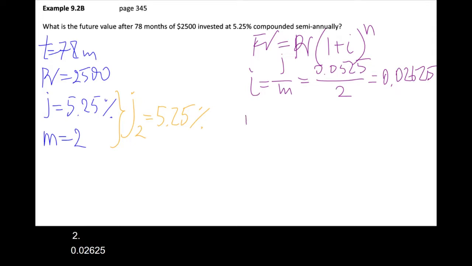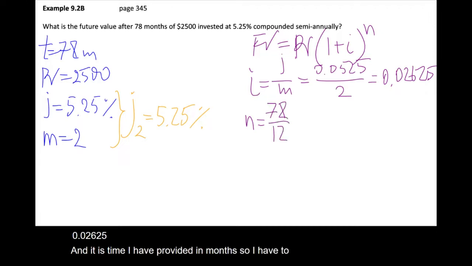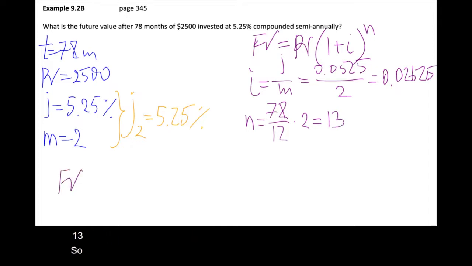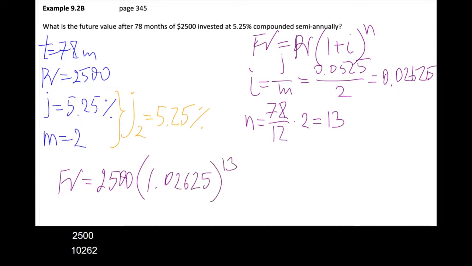N is time, which I have been provided in months, so I have to convert it: 78 months is 6.5 years, times 2, 13. So future value is 2,500 times 1.02625 exponent 13.